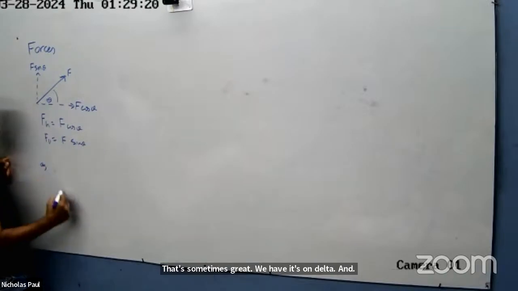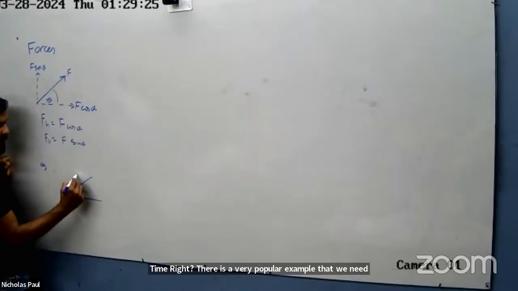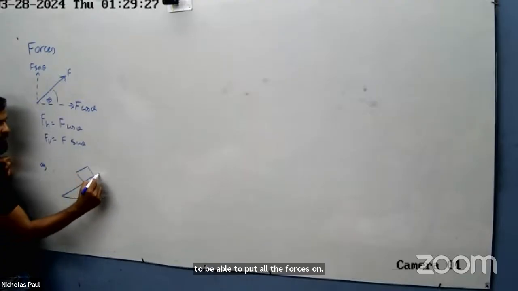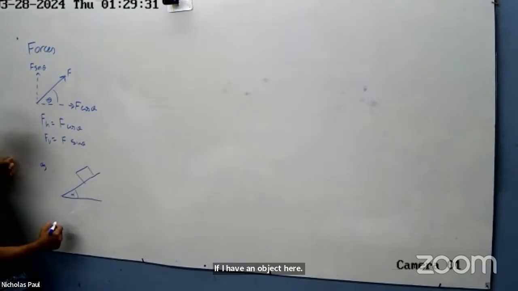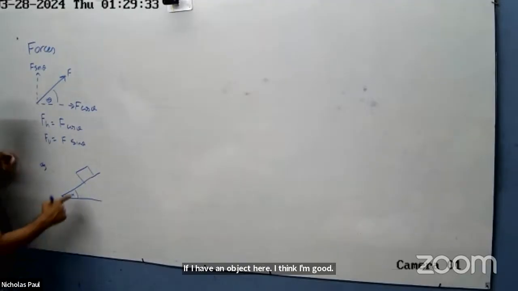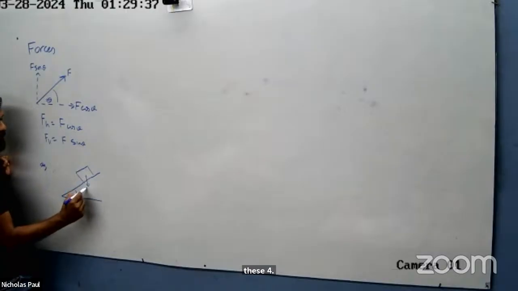There is a very popular example where we need to be able to put in all the forces. If I have an object at an angle alpha to the horizontal, all the forces acting here will be weight, that's one.